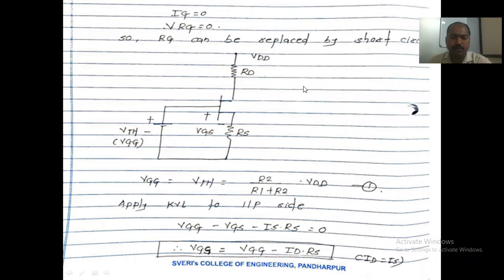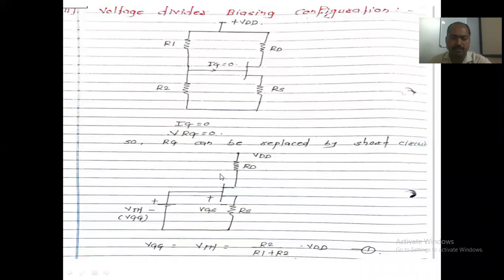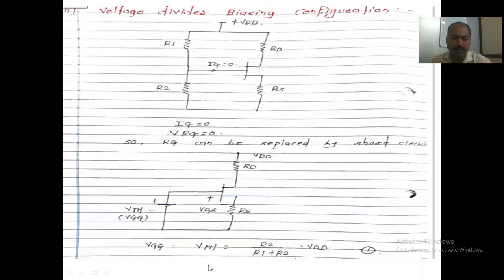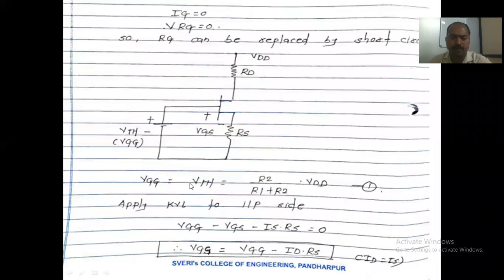Okay, now when we apply the configuration, this is the configuration we get. For that configuration we use the same equation number 1: VGG which is equal to VTH which is equal to R2 divided by R1 plus R2 into VDD.